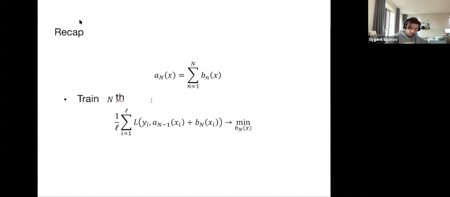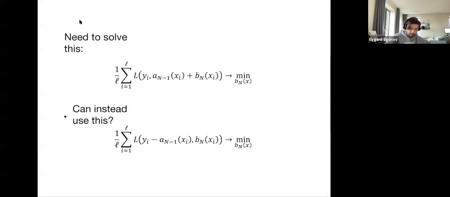So, recap again: we have our ensemble. We would like to train the new model, and we would like to keep this one fixed. So we need to solve this problem. What we did before for MSE loss was to say, okay, instead of this optimization problem, we will use this optimization problem.